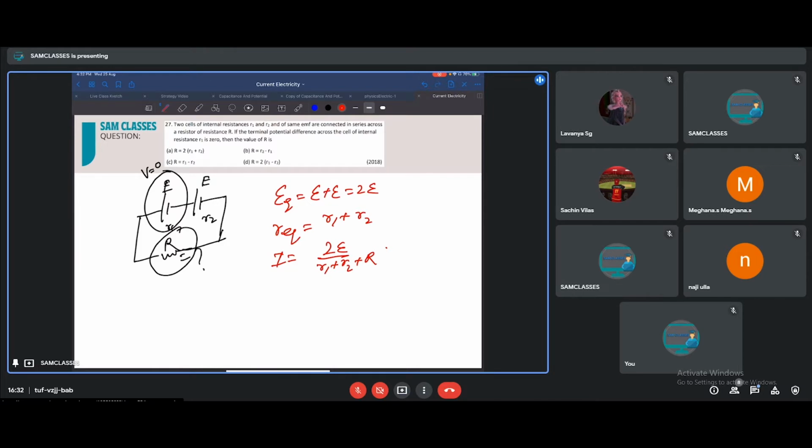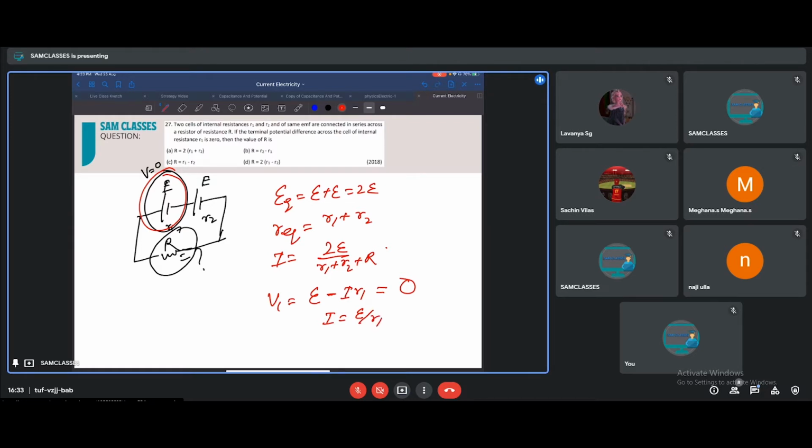Now, what is the voltage across this one? Let's say V1. V1 is equal to the EMF minus the current passing through the internal resistance R1, E minus IR1, correct? Now they're telling us this is equal to 0. So from here we get I is equal to E by R1.